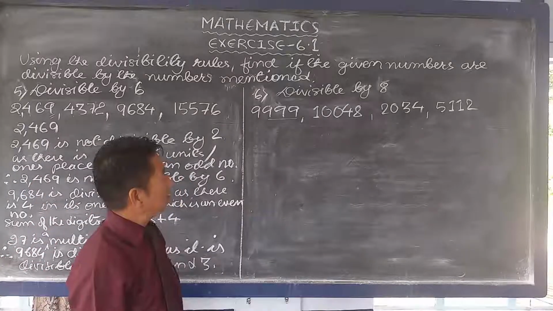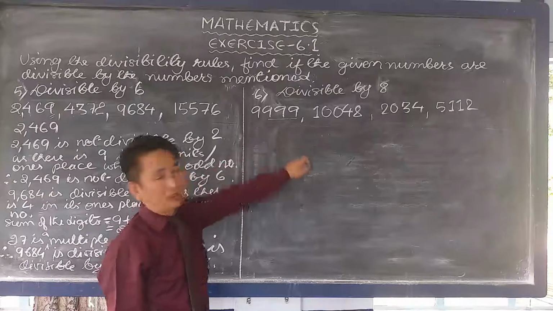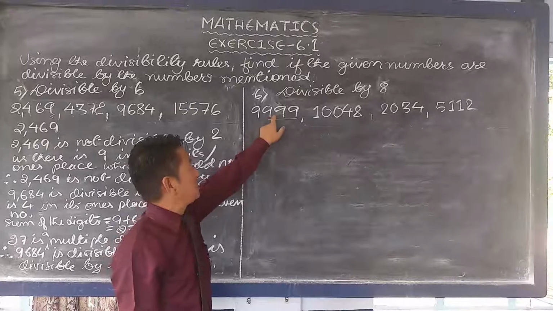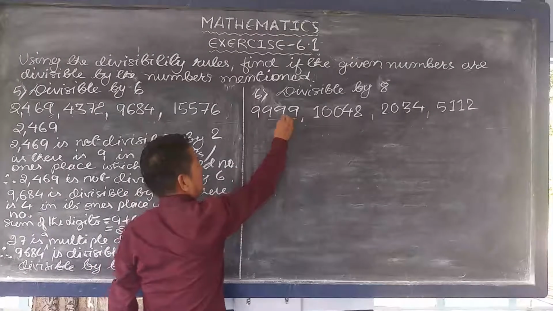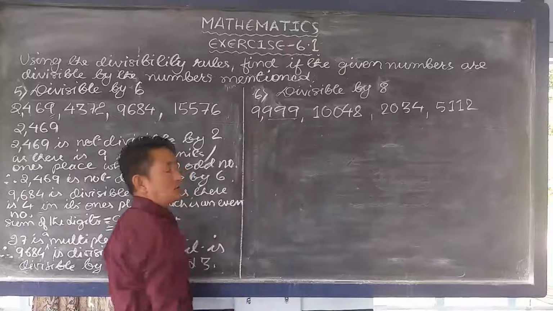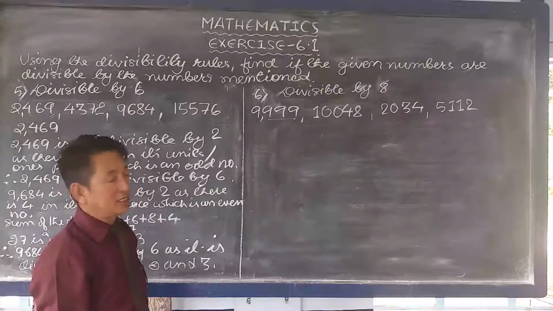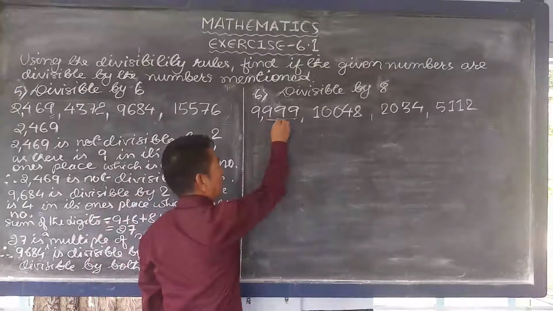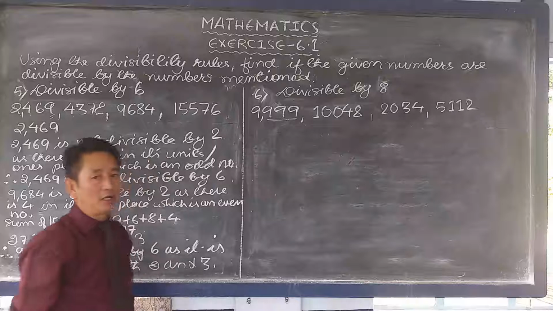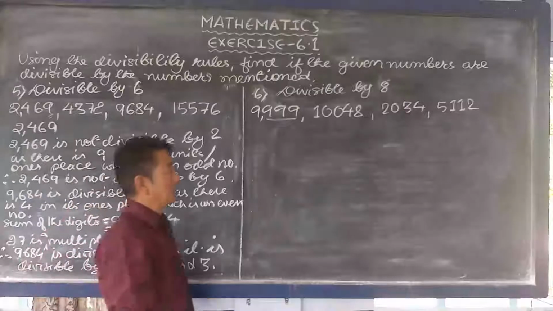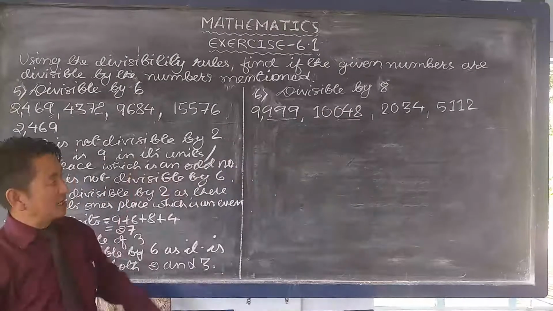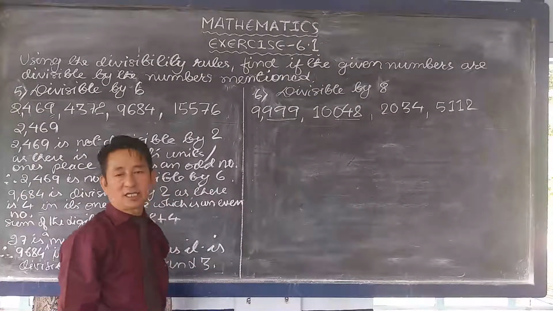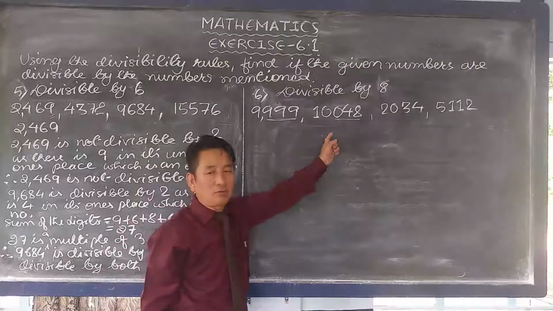As you can see here, 9,999. The number formed by the last 3 digits here is 999. Here the number formed by the last 3 digits is 048. 6 8s are 48. This is divisible by 8.